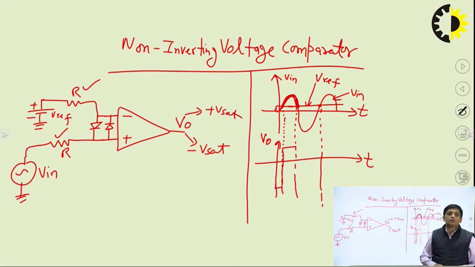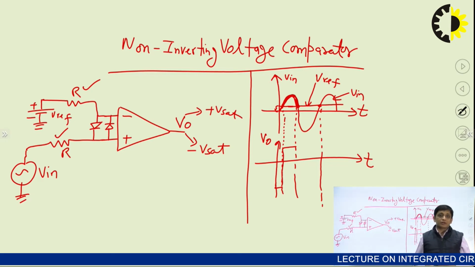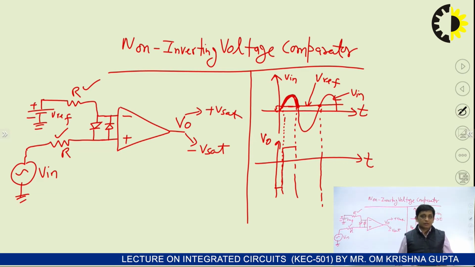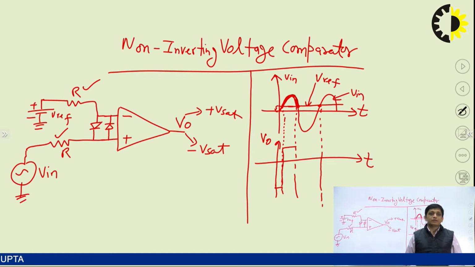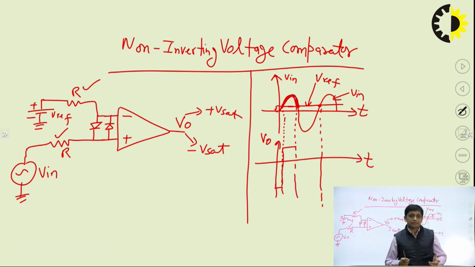And one more thing: the voltage comparator has been divided into two parts, non-inverting and inverting. Now further, in the non-inverting voltage comparator, there can be two cases. The first case is V reference is positive, and the second case is V reference is negative.